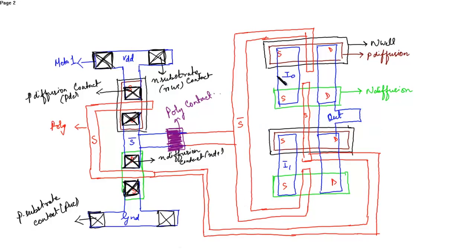Now the only thing left is the diffusion contacts. So here, sorry, this is the P diffusion contact, since this is the P diffusion layer in contact with the metal. Here this is the N diffusion contact.